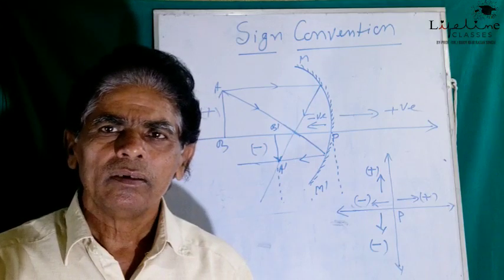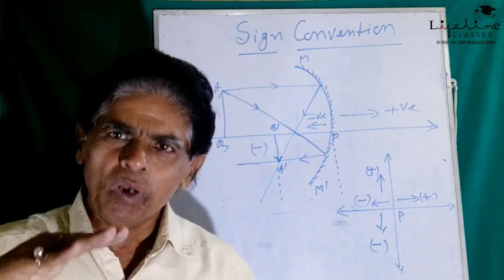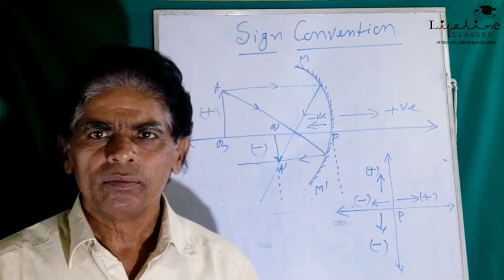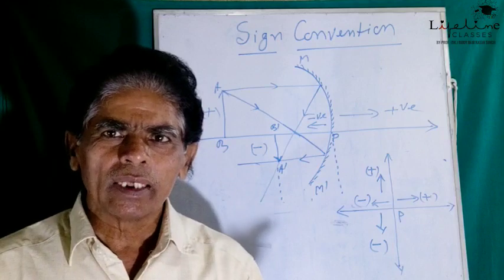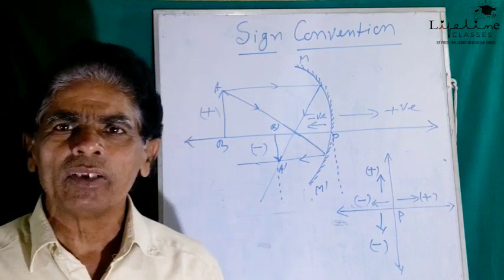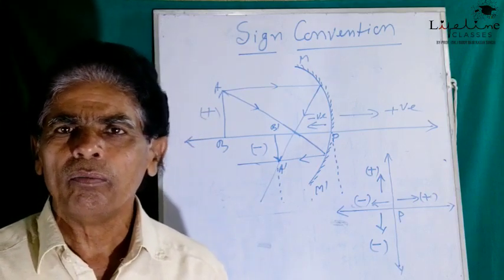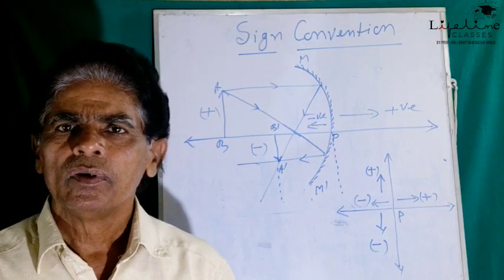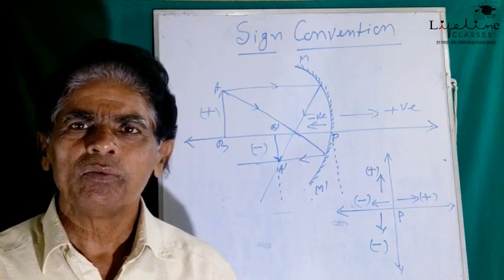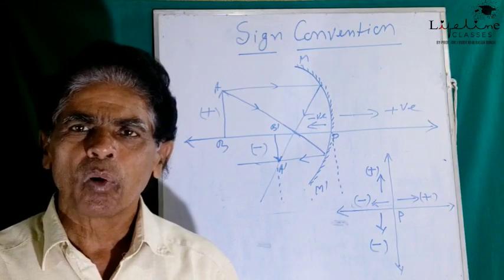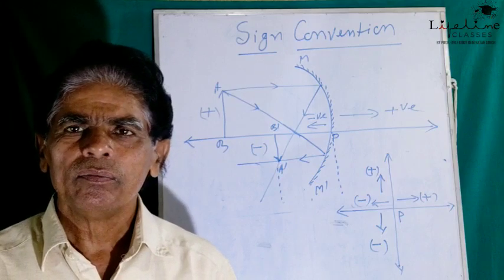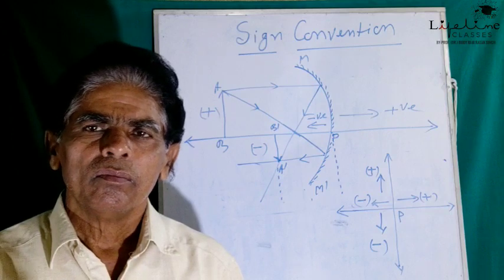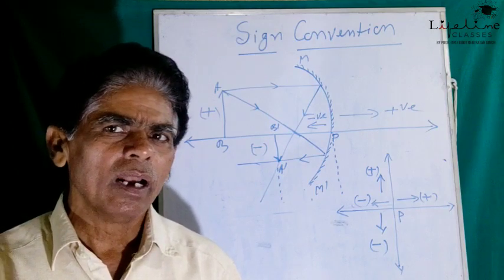On the other hand, the distances measured below the principal axis are taken negative. So these are the different sign conventions which we have to follow before solving or during solving the numerical problems, in which we have to put the proper sign, positive or negative, as the case may be.